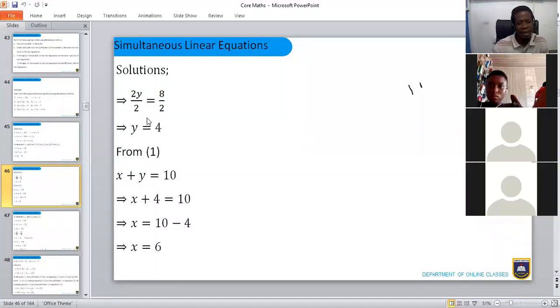Then when we divide that, we're going to get y is equal to 4.